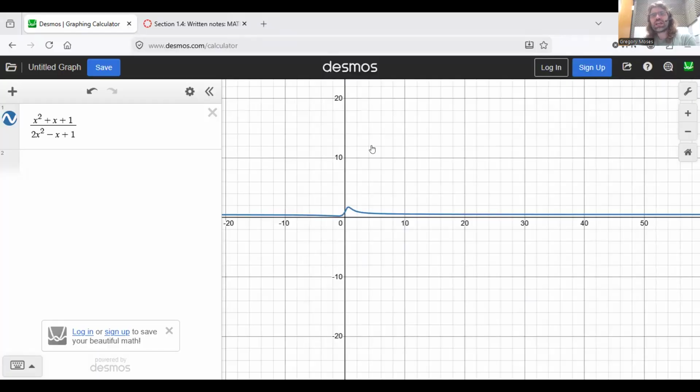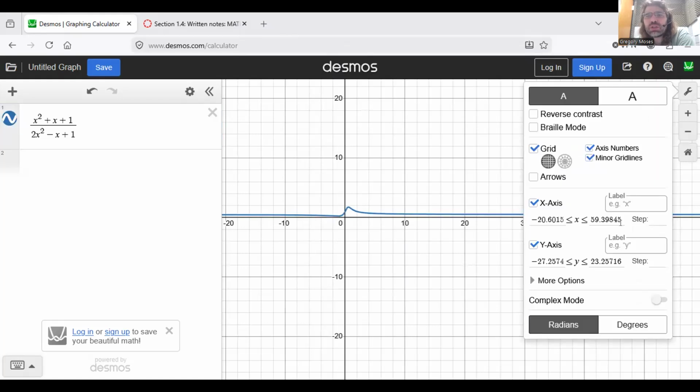So here's a graph of the function. The details largely don't matter, but we can see that as x gets big, y is hovering around 0.5. Like here, x is around 50, y is about 0.51.